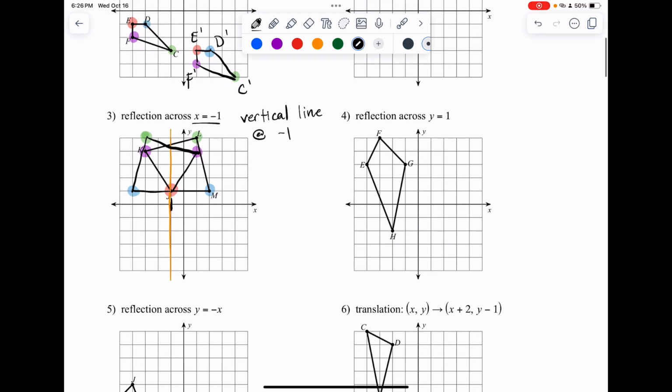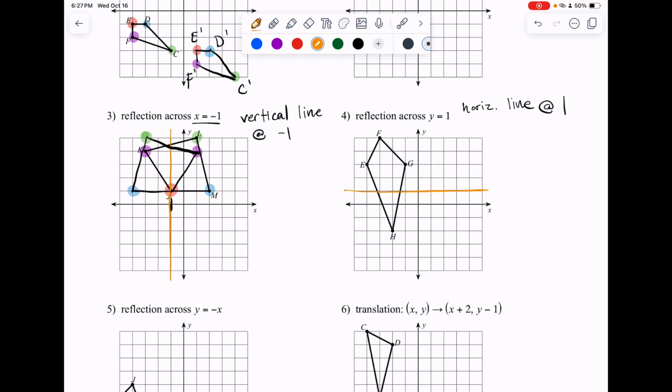All right, let's look at another one here. We're going to reflect across the line y equals 1, which is a horizontal line at 1. And that's going to be right here. So we're going to draw an orange line there. Let's try to clean that up just a little bit.